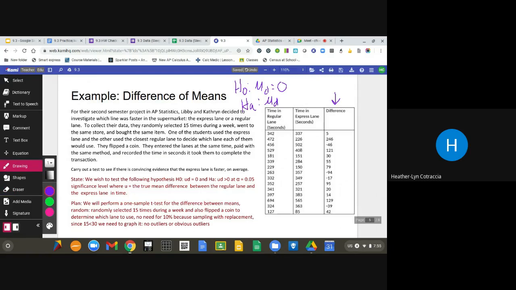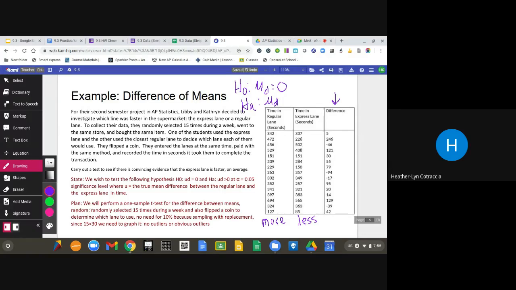Okay, so now when you subtract the regular lane minus the express lane, if the express lane is faster, then this should take less time and this should take more time. Does that make sense? Like the regular lane should take more time.